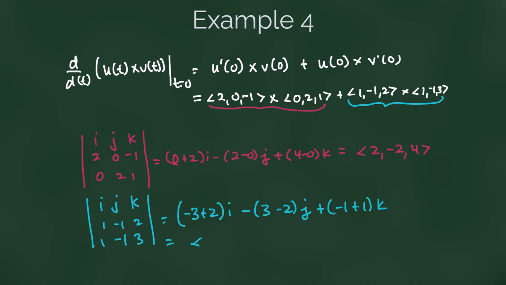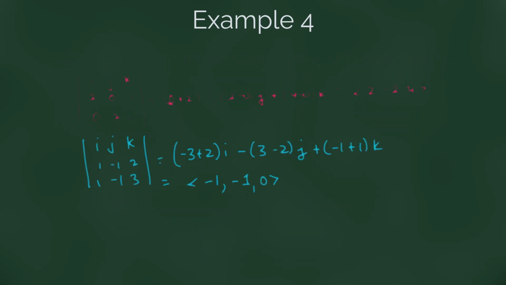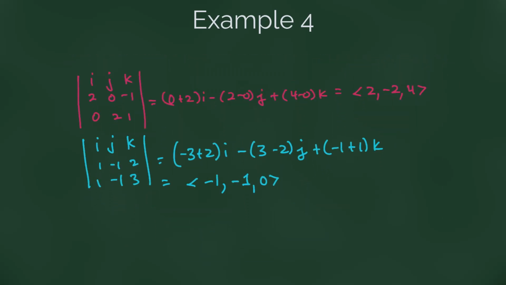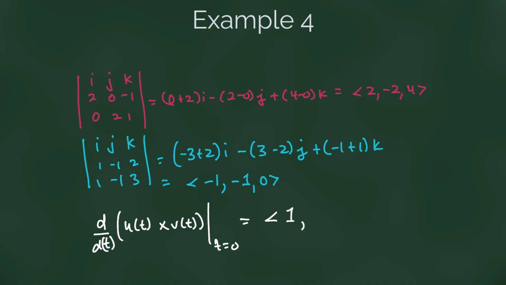And so there we get the vector negative 1, negative 1, 0. And so our derivative, our final answer here, is the sum of these two. So the derivative of u of t cross v of t at t equals 0 is the sum of those two things. So we're going to get 2 plus negative 1, negative 2 plus negative 1, and 4 plus 0. So we get the vector 1, negative 3, 4.